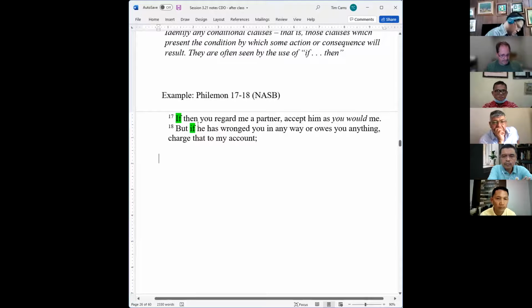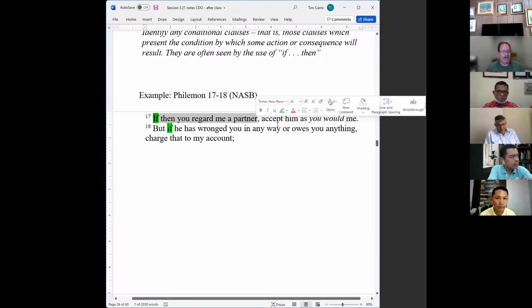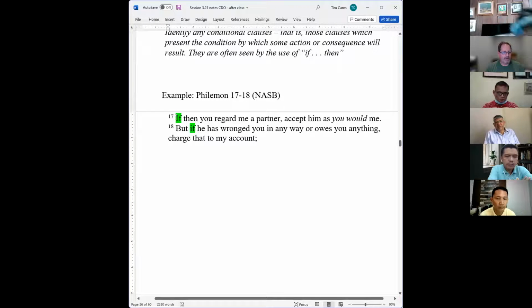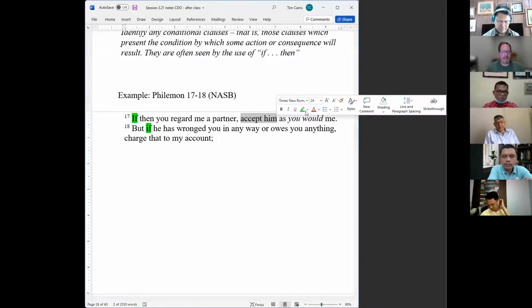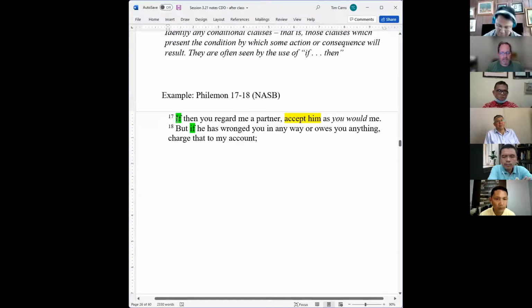Now notice, we have two here in this case. And it's a condition of the action. If you remember, the main action here is accept him. Okay, that's the independent clause. It's a condition though. That action of accept will not happen unless this condition is met.